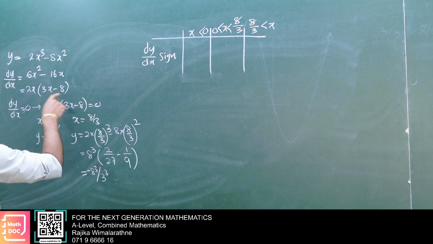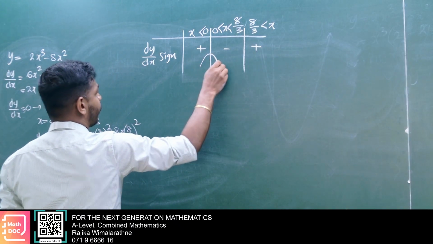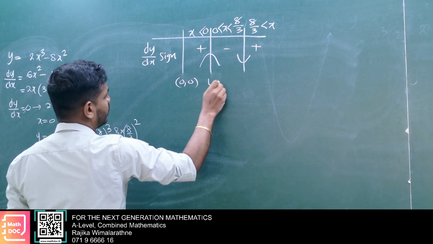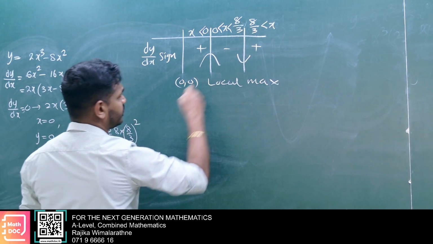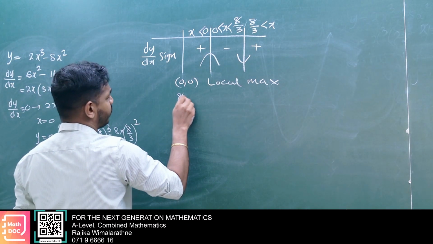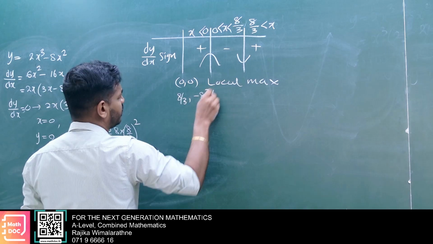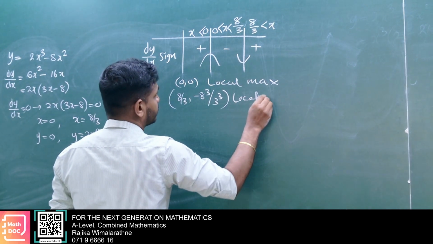Less than 0 here, we have positive, negative, positive: maximum, minimum. 0, 0 is a local maximum point. 8 over 3, minus 8 cube over 3 cube is a local minimum.